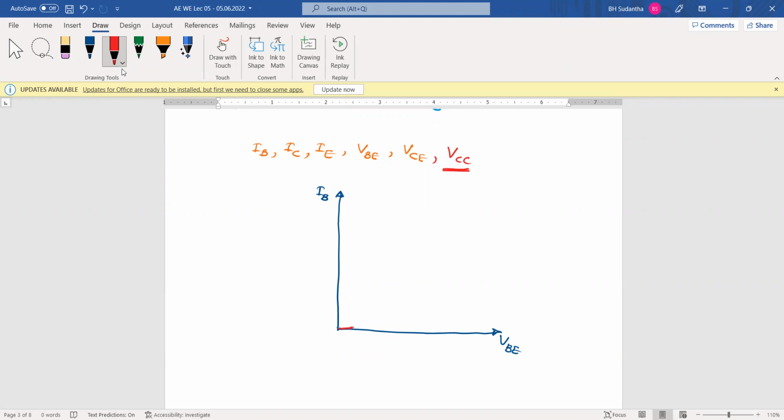After 0.7 volts, it starts conducting like this.